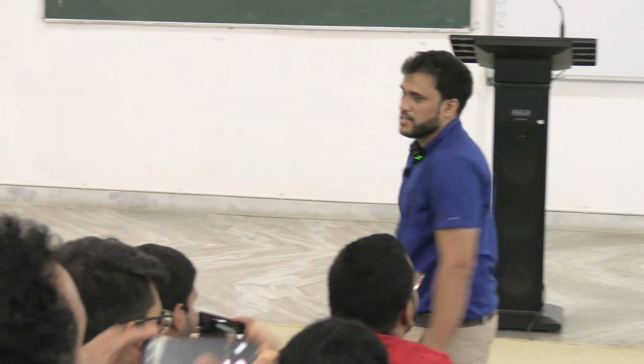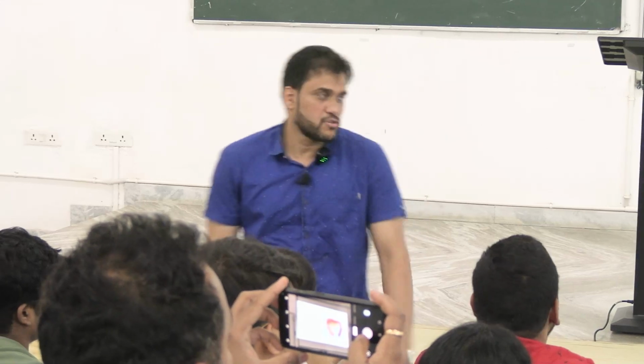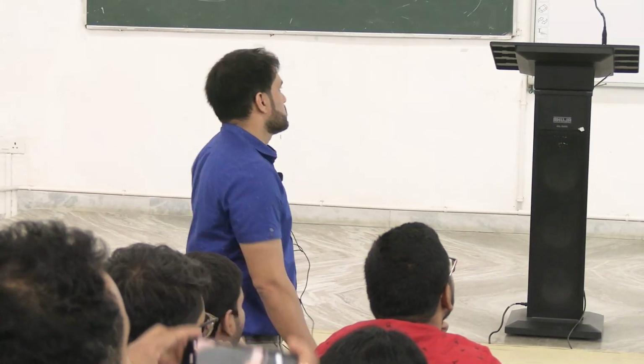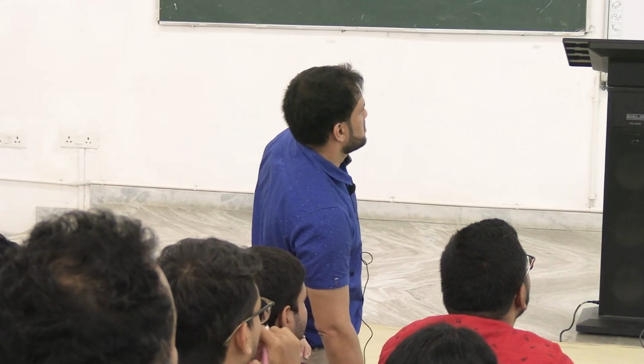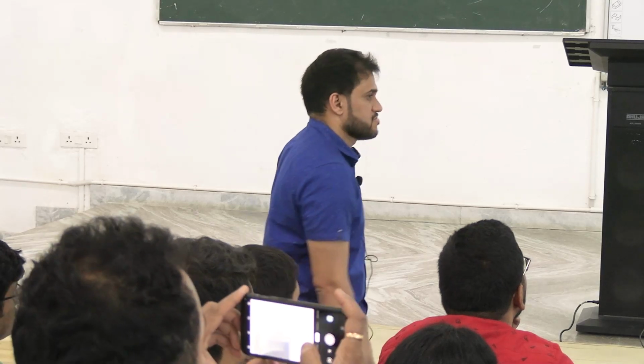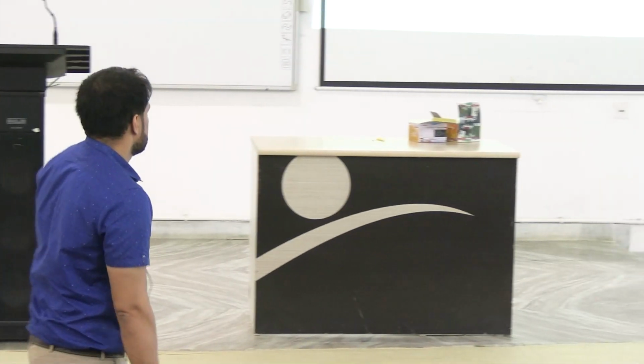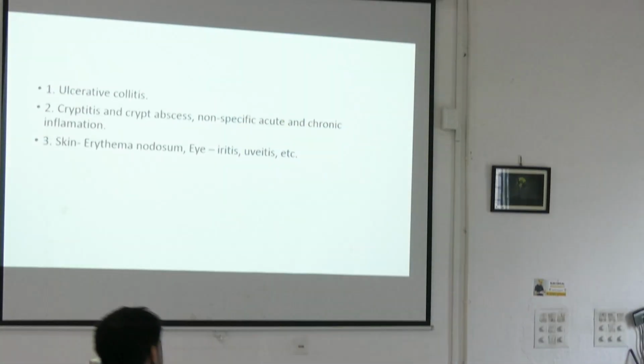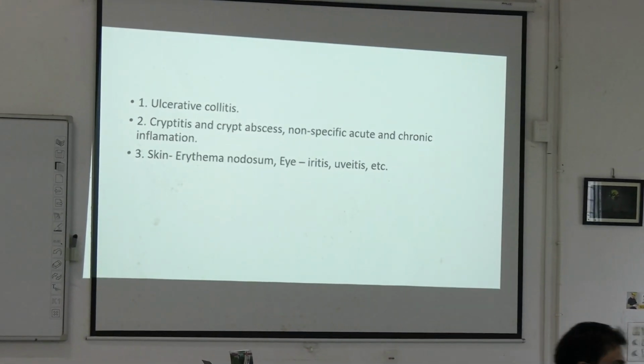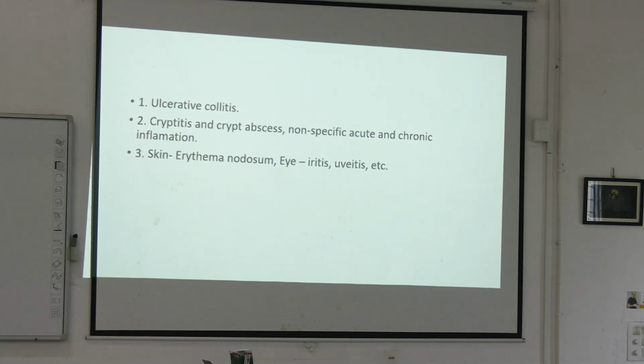What is this? Look carefully, this is ulcerative colitis. Mention two histologic findings: cryptitis and crypt abscess, non-specific acute and chronic inflammation. What is cryptitis and what is crypt abscess?